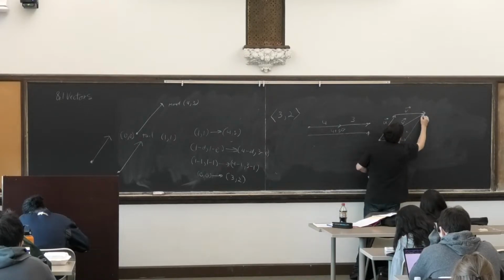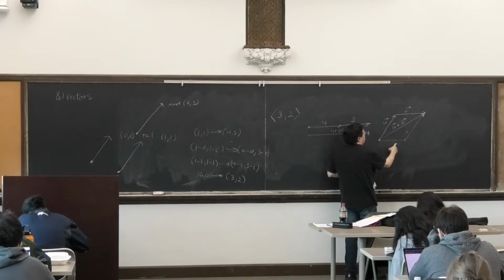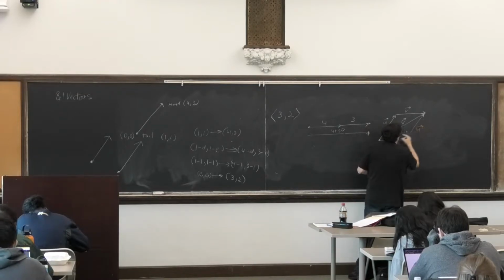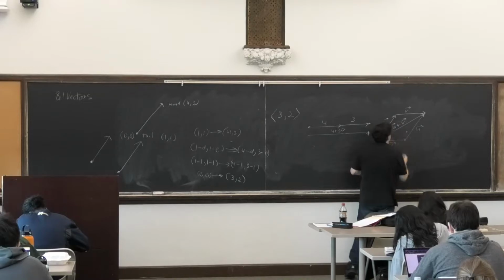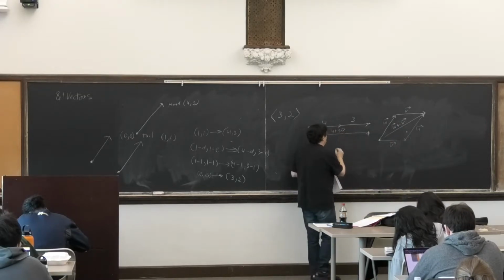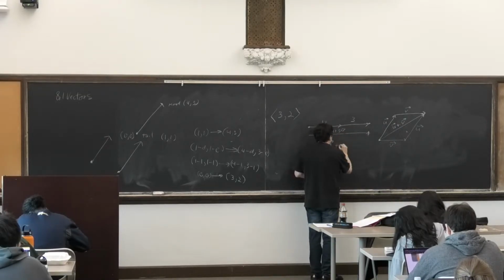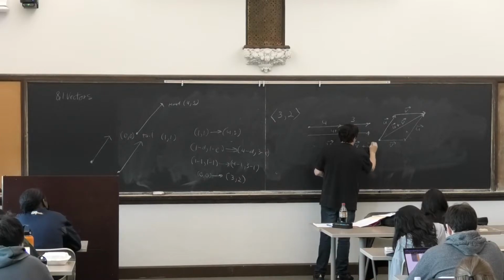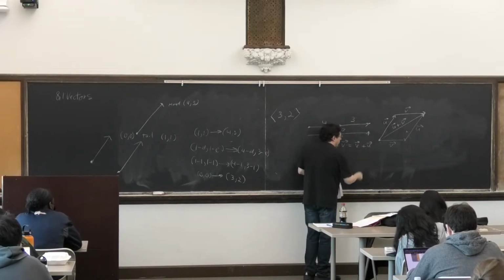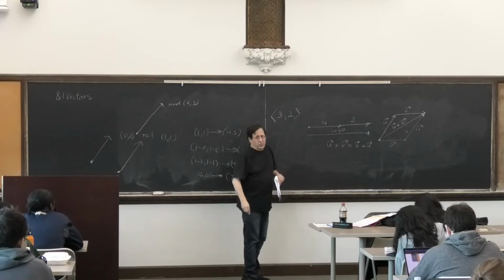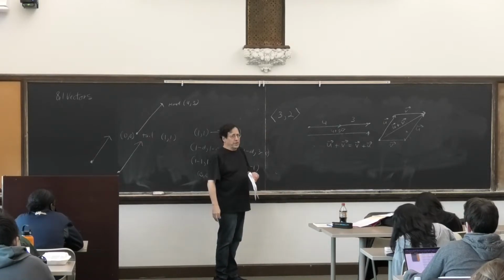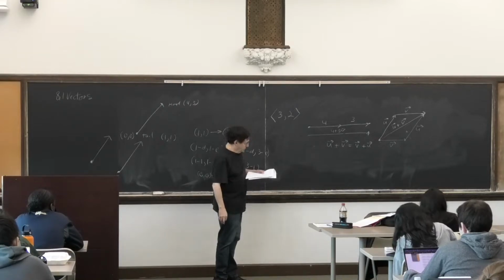You could draw a parallelogram here, and either way you add it, it's the same. That is to say that u plus v is the same as v plus u, which is to say vector addition is commutative, just like for numbers.